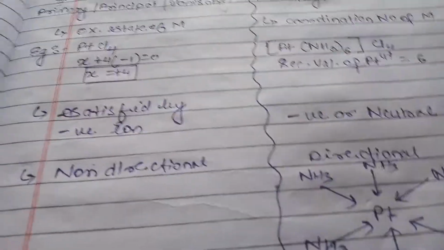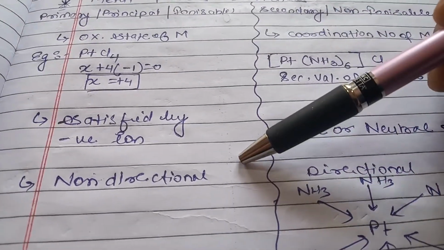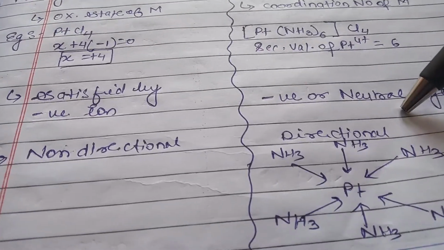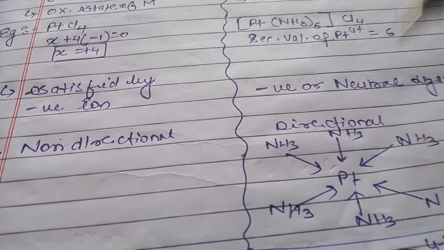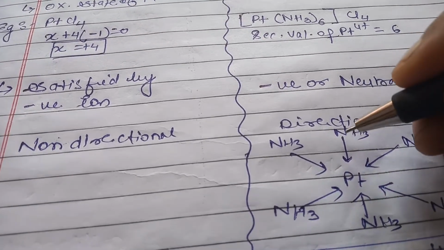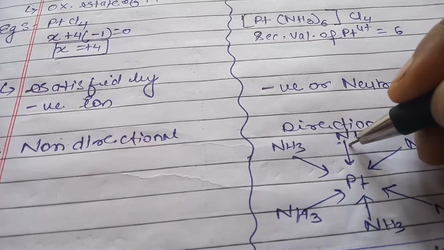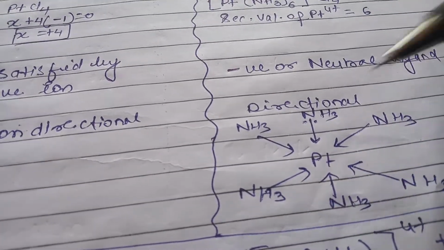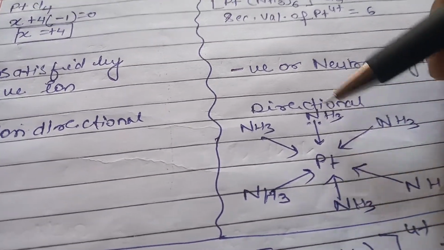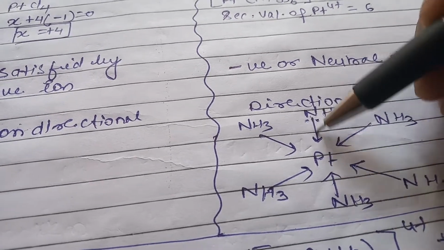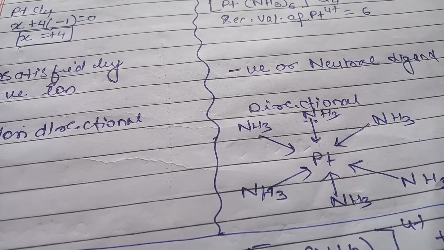Now, the third point. Primary valency does not have any direction, meanwhile the secondary valency is directional in nature. How can we explain this? Guys, we know that in NH3, the nitrogen carries a lone pair of electrons. When this coordination compound is formed, the nitrogen from this NH3 molecule donates its electrons to the metal with the help of a bond known as a coordination bond.